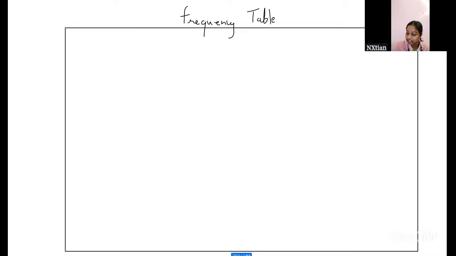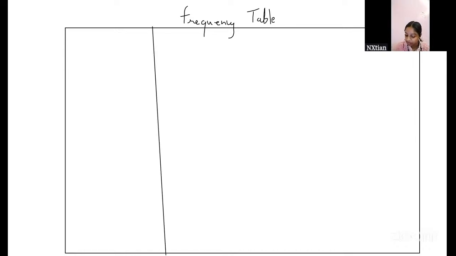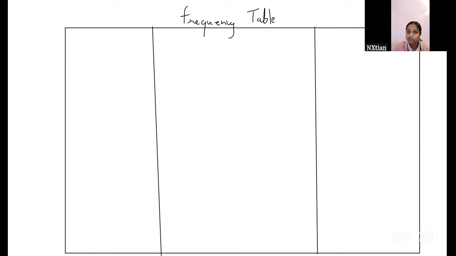We leave the center column for tally marks, and then frequency.